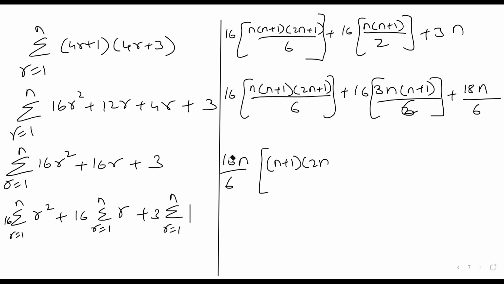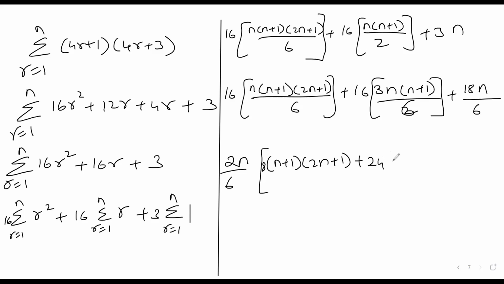Okay, we can't take 16 common straight away, but we can take 2 common, however. 2 common can be taken. So this will become 8 plus 1 plus 8, is 24. So there is 3 also.